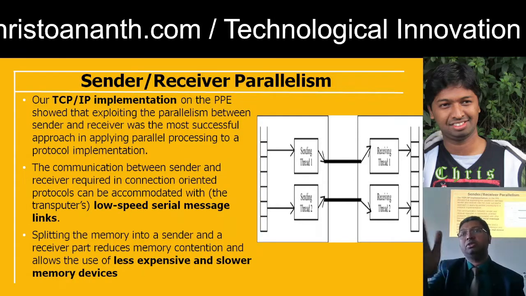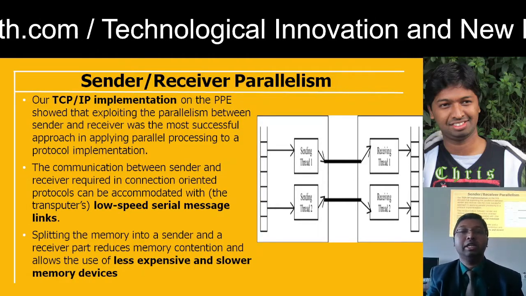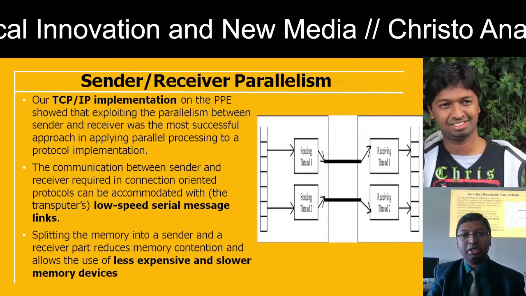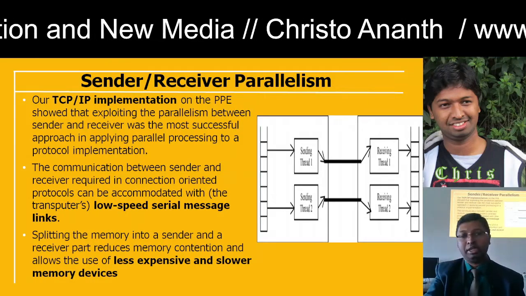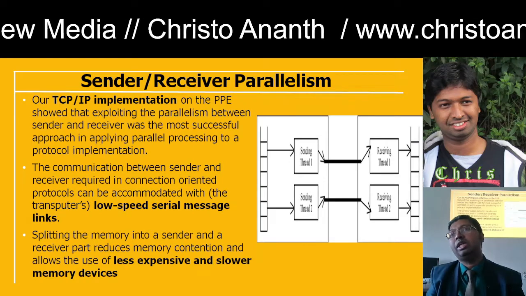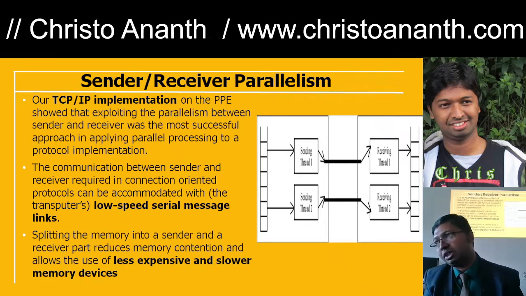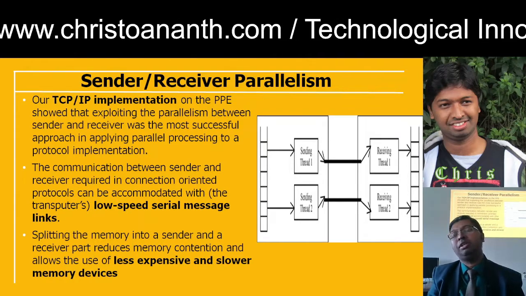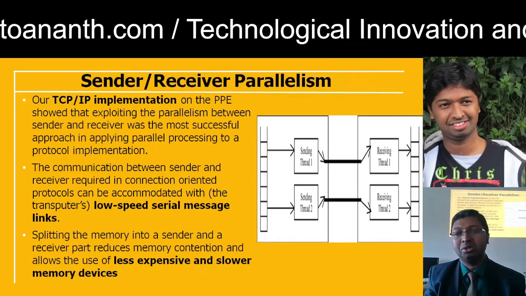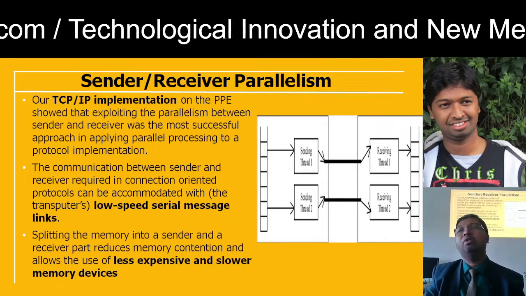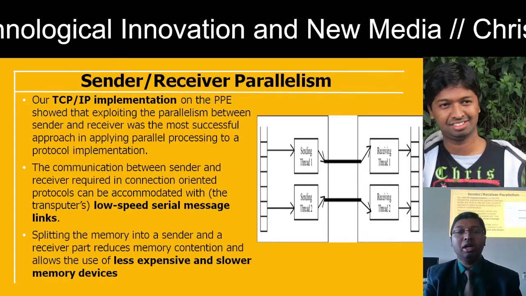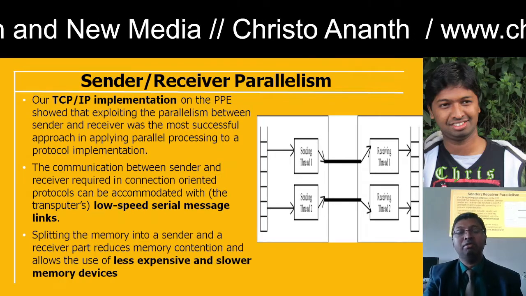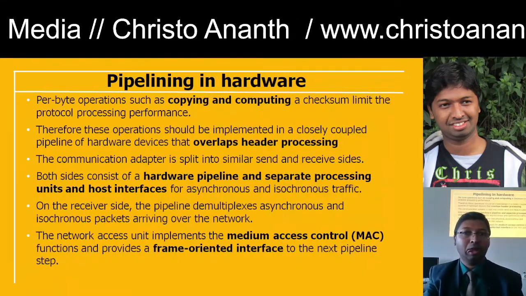So that is how it is going to have a serial message link between the sender and the receiver. Here you are going to split the memory into the sender and receiver parts. This actually reduces the memory competition or memory contention, and the memory devices would be less accessed. So that would create less overhead, and of course you can transmit and receive at the same time and at the same speed for high speed networks.